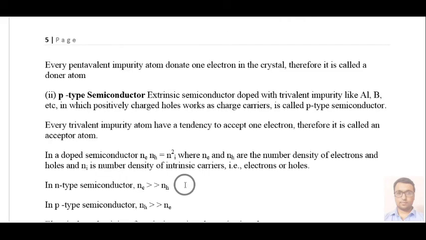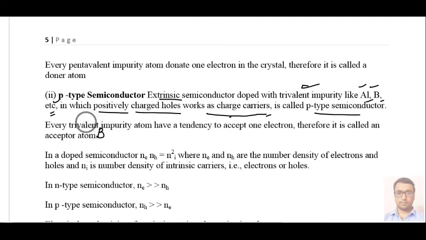Next we have the p-type semiconductor. In the p-type semiconductor we add a trivalent impurity, like aluminum, boron, etc. It is the positively charged holes which work as charge carriers in the p-type semiconductor, because aluminum or boron is trivalent, so one electron deficiency occurs there.